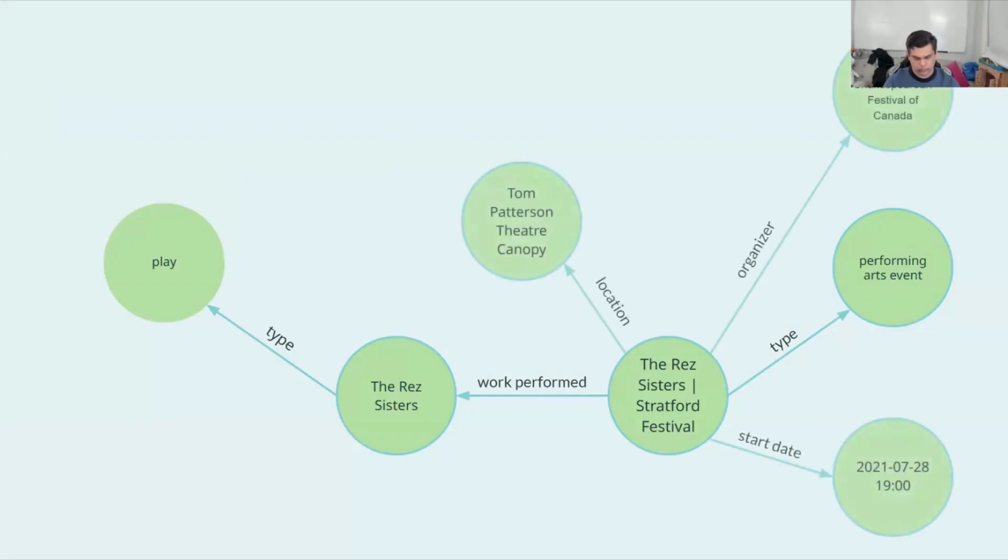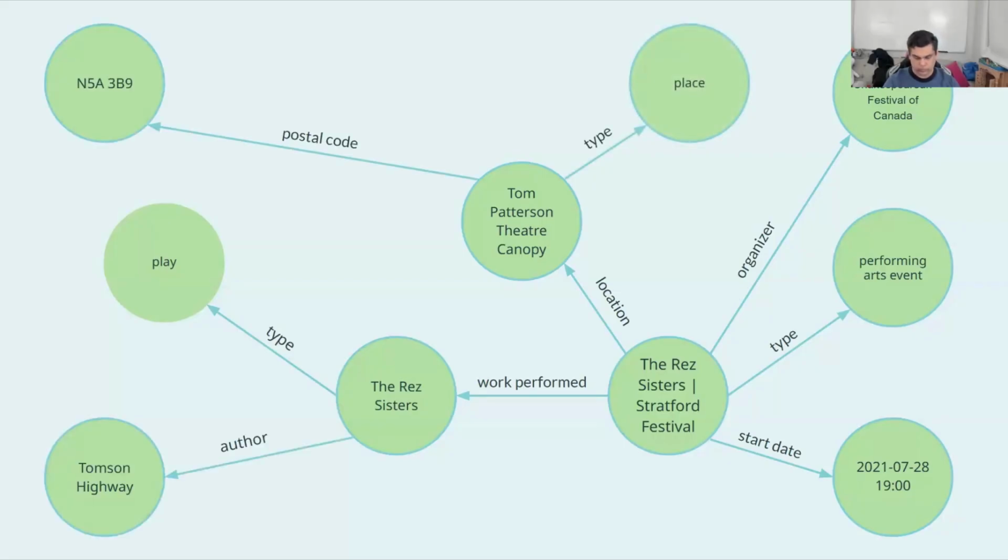Well, if we explore the graph, we find out that this performance is taking place at a given time, and it's not just any event, it's actually a performance event. It's been presented by Shakespeare at the Tom Patterson Canopy Theatre, which has a postal code, and the work Red Sisters is a play by Thomson Highway. All of these things can be described as nodes, describing the entity, and as arcs, or relationships or properties, linking them. This is graph data.